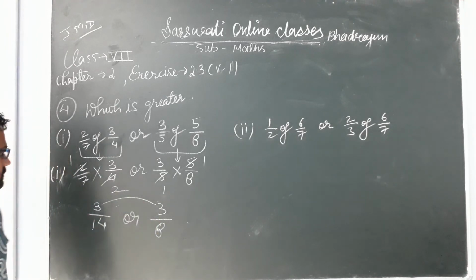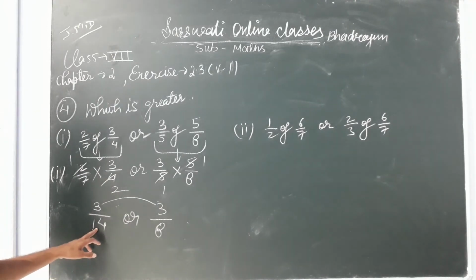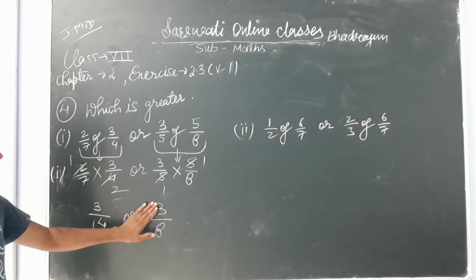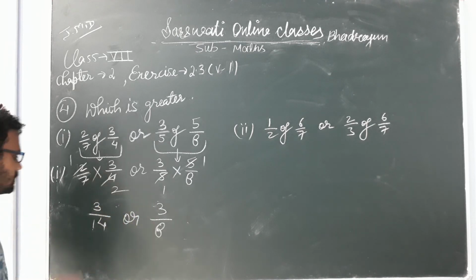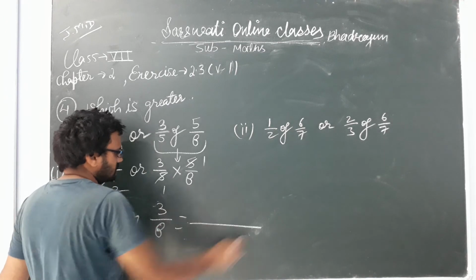These are 14 parts among which we have to choose 3, and these are 8 parts among which we have to choose 3. No problem, if you are having some problem, then I am just going to take the LCM.